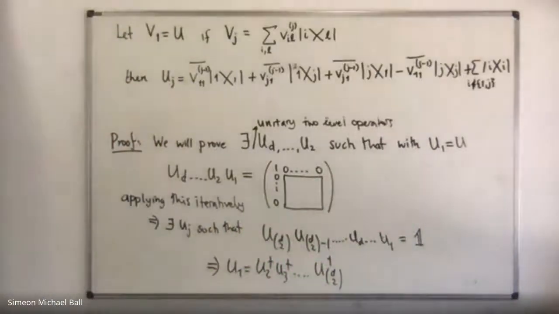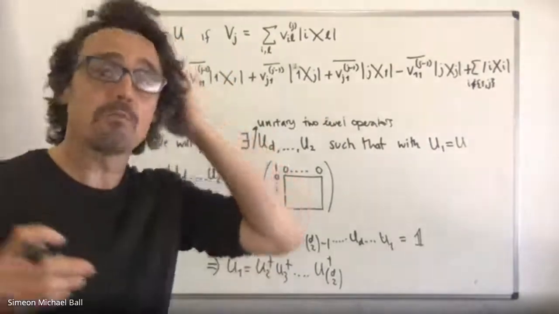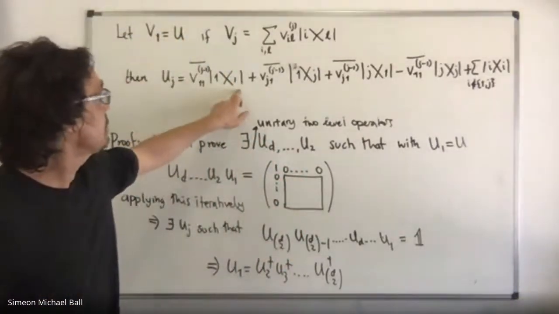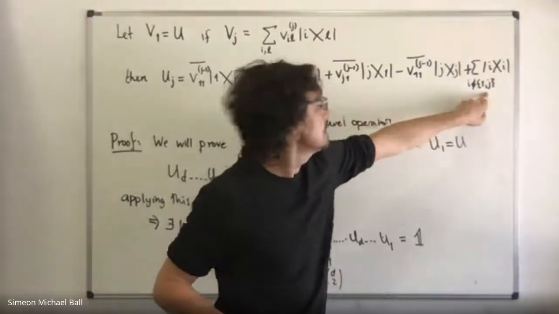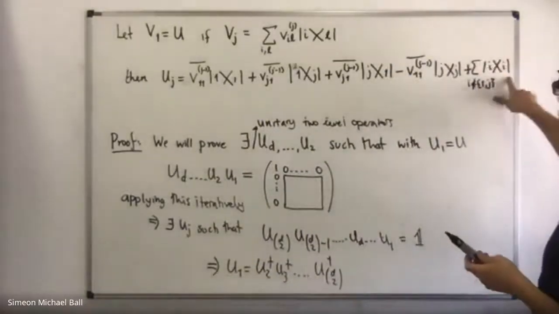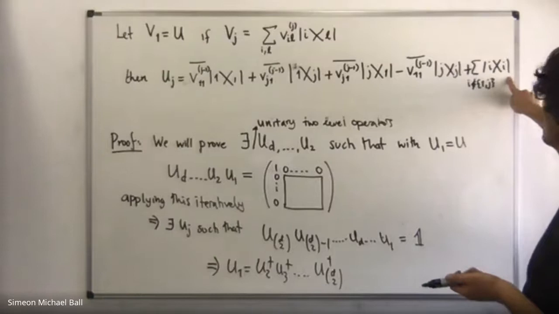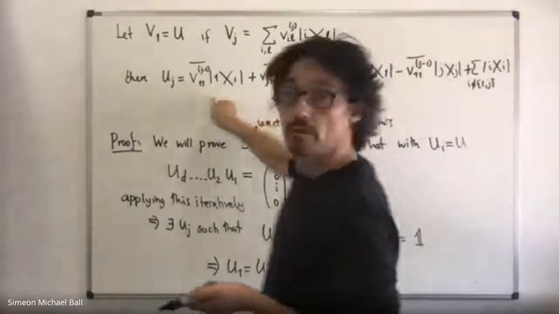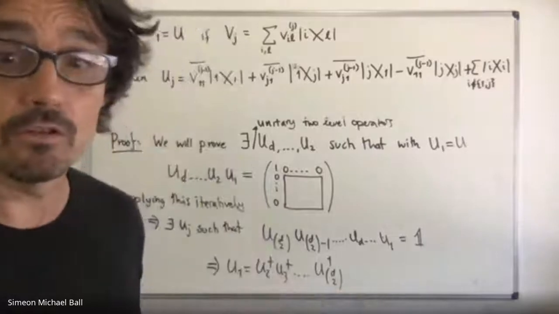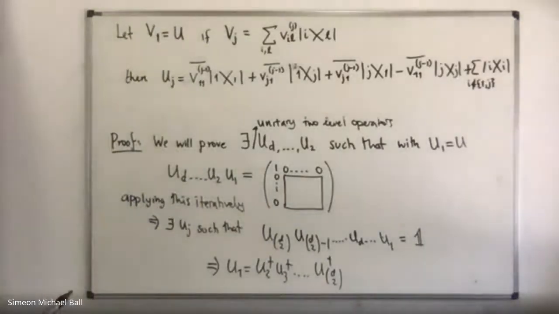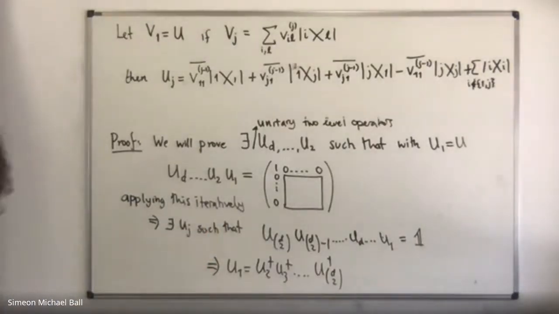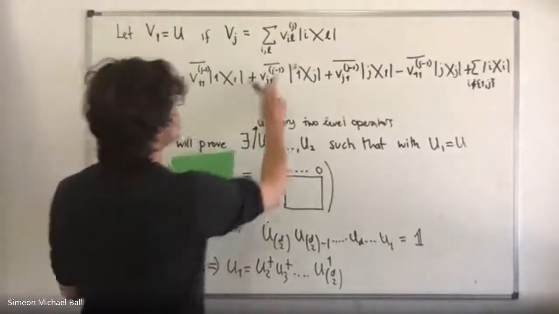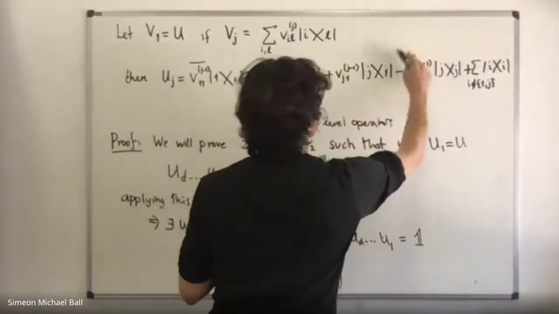Okay, so this is going to be my Uj, which you can verify is a two-level unitary operator. So it only affects the 1 and the j coordinates. The rest of it is just the identity. It's really nice to have the bracket notation, and then you've got essentially your 2 by 2 matrix there. Okay, so this is going to be a Uj, and it's based on Vj, and it shouldn't be all starred, right? Otherwise it's not unitary.